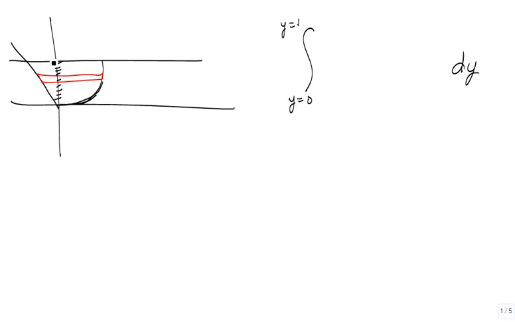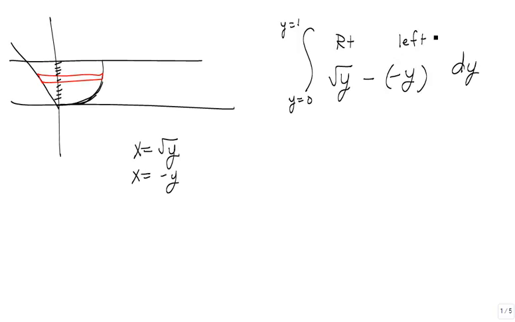The width is y, and the right function again has to be in terms of y. So if x is the square root of y, then the right function is square root of y. Everything has to be y's. And the left function is x equals negative y, so that's a negative y. And that one you don't have to split up, because no matter where you draw your rectangle, your right and your left function do not change.